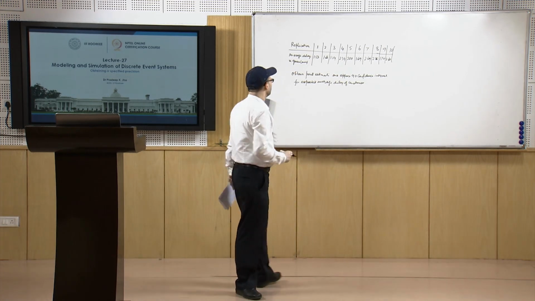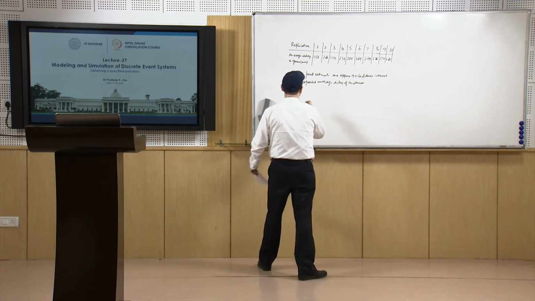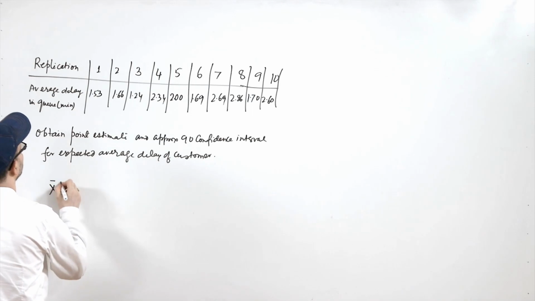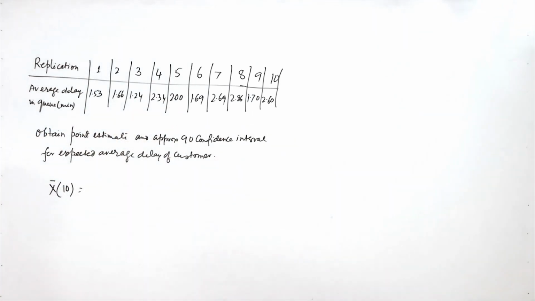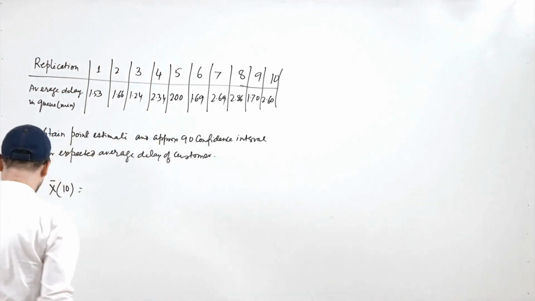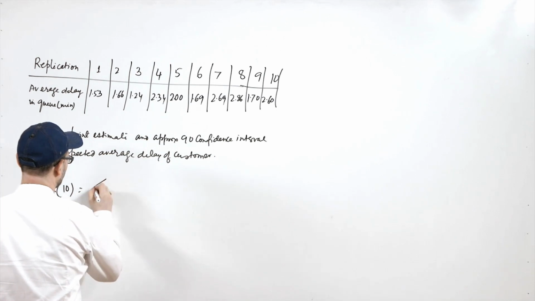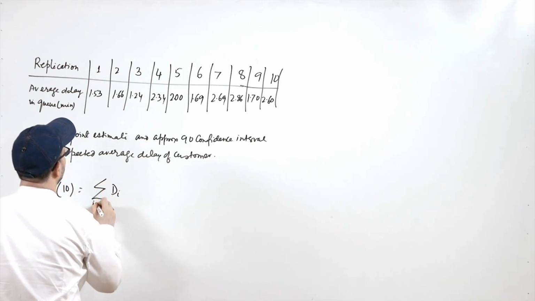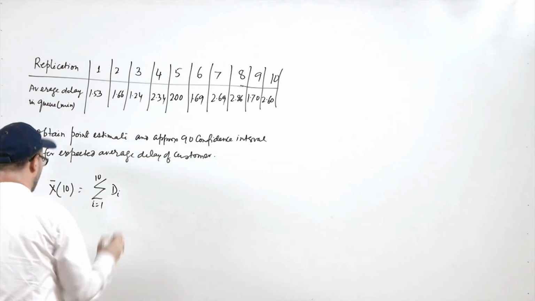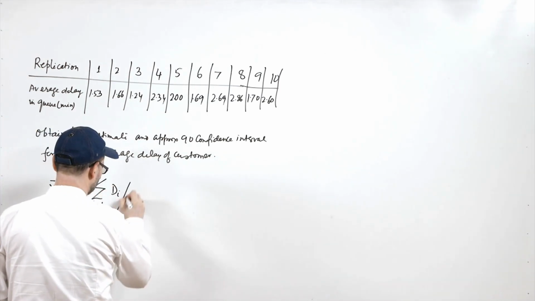As we discussed, we have to find the sample mean first. The sample mean will be computed as the sum of x i, with i varying from 1 to 10, that is, the summation of these delay values divided by 10.